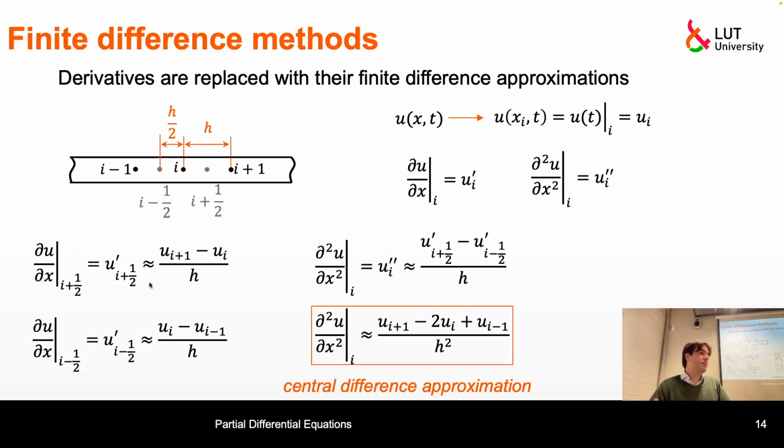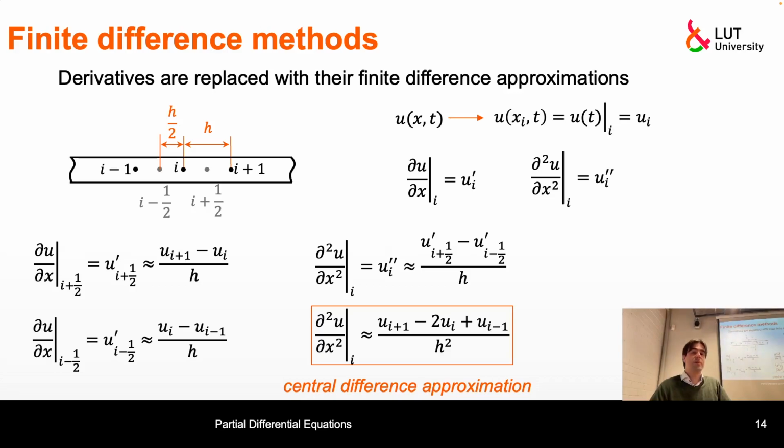For the first derivative, we calculate the difference to the left and to the right. So at this point i plus 1/2, I take the value to the right, subtract the value to the left, and divide by the distance between the two points. That's a numerical evaluation of our derivative.